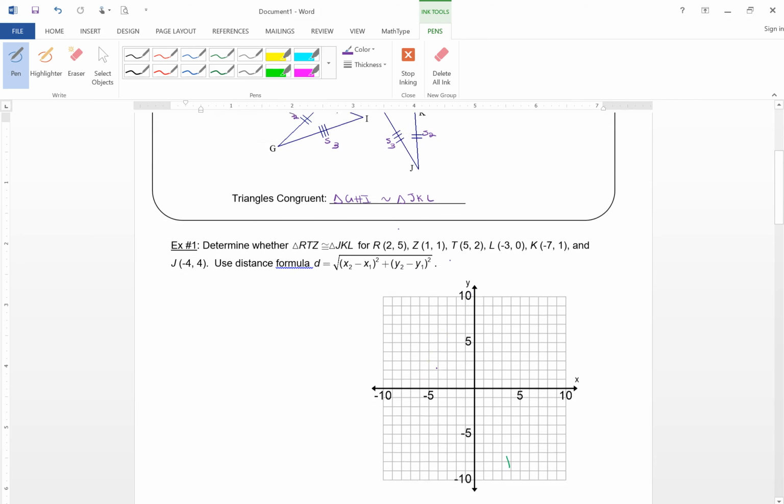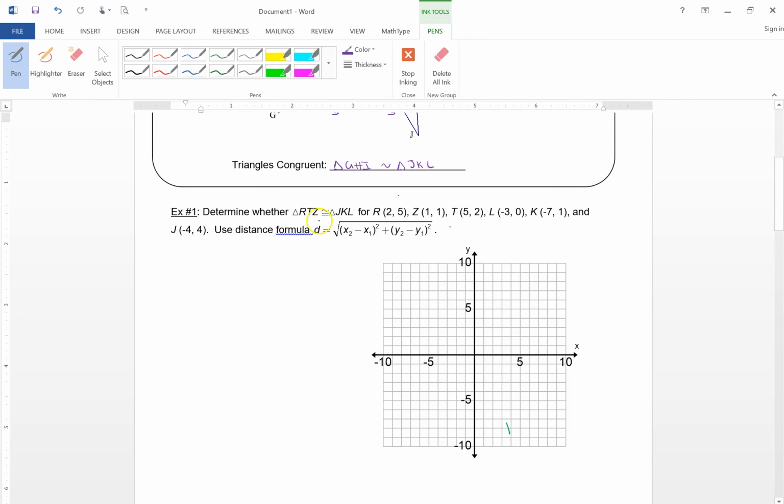Here it's asking us whether triangle RTZ is congruent to triangle JKL. So we want to know if they're congruent. And they've given us coordinates, so let's map the coordinates. R is 2, 5. Z is 1, 1. And T is 5, 2. So that's RTZ.